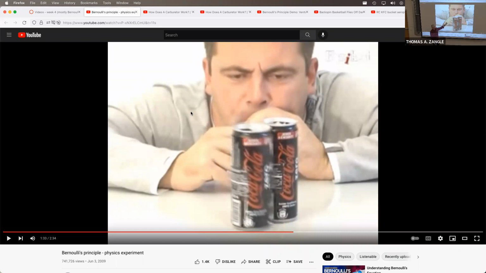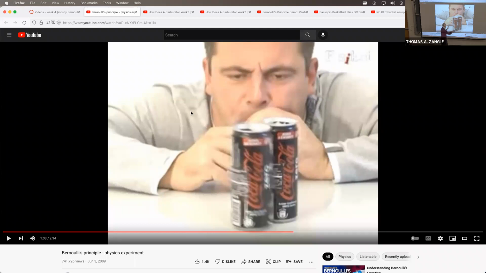But again, what's going on here is the fluid stream coming out of the straw at high velocity, which therefore results in decreased pressure. Actually, it's the increased atmospheric pressure on the outside of the cans that's pushing them inwards against that. You could say that they're being sucked inwards by that decreased pressure.